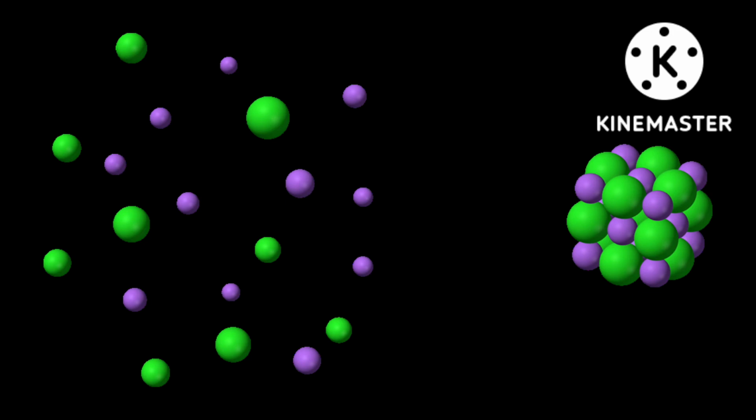In this way, due to the attractive force, they want to come together. But at the same time, due to repulsion, they want to make distance. That's why they will make some distance between the two.